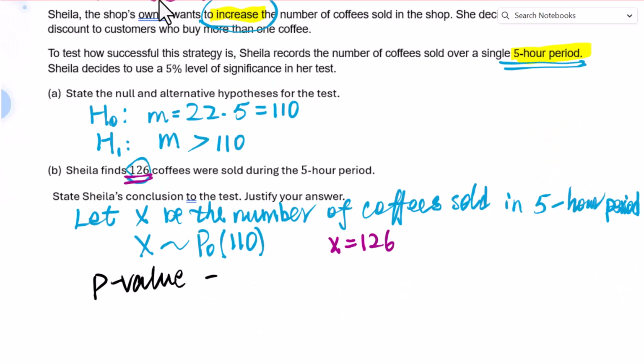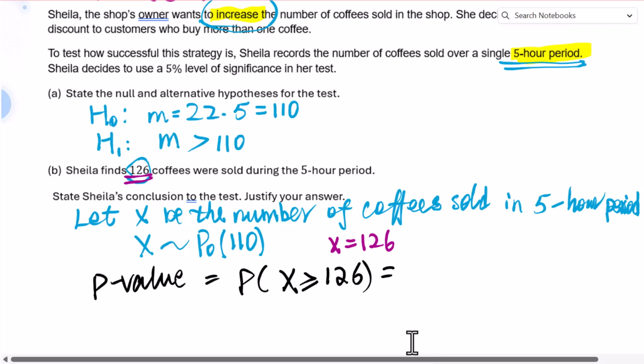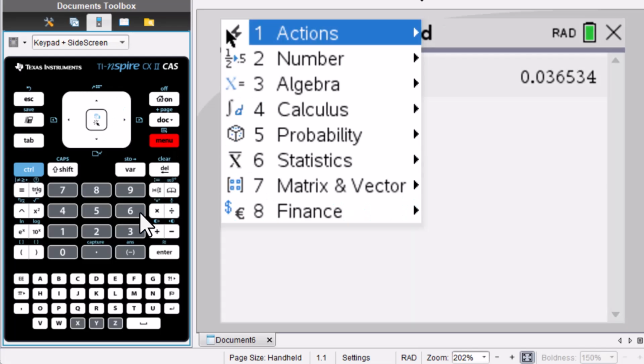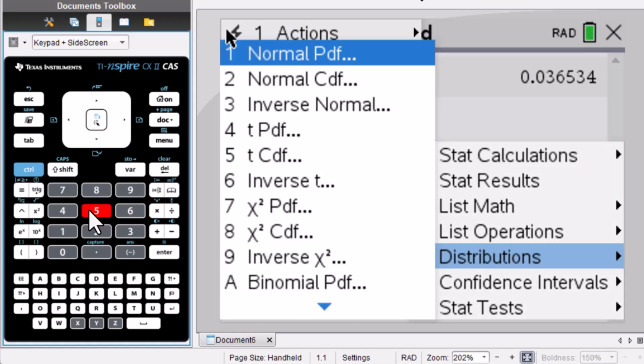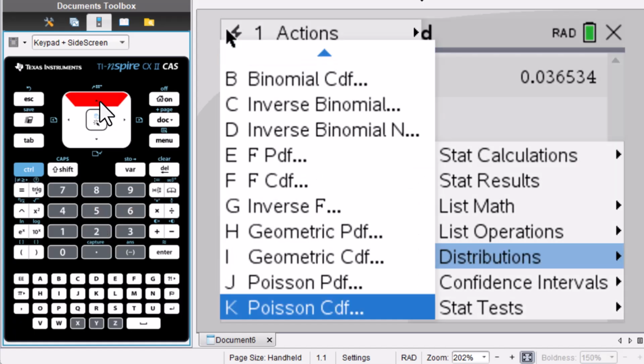P-value equals the probability of X greater than or equal to 126. Go to the calculator, Menu 6, 5, Poisson CDF.